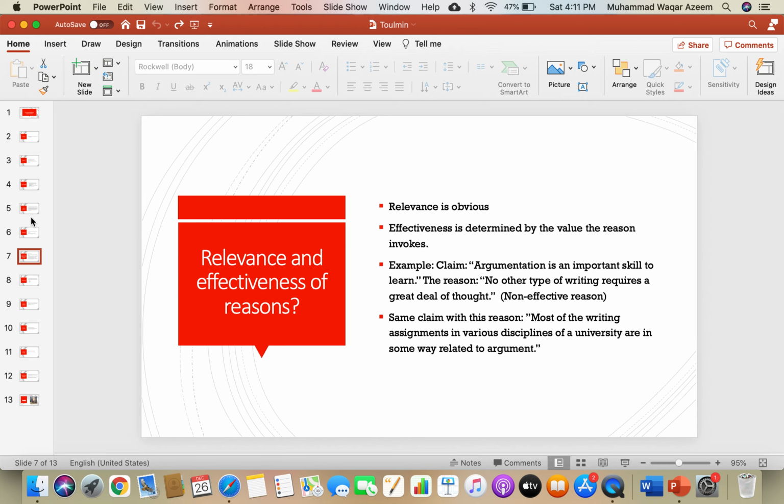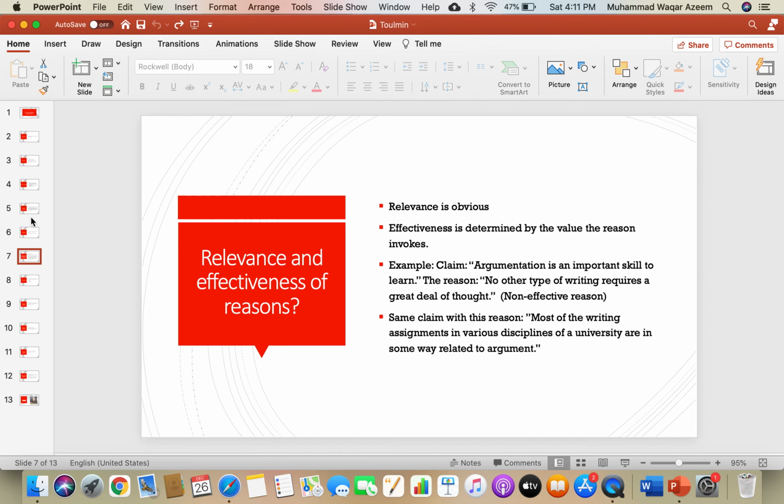Now, something more to learn about reasons. When you read out the reasons given by an author to support their argument, you should notice two things. Number one, is the reason or are the reasons given relevant to the claim? That is the first thing.